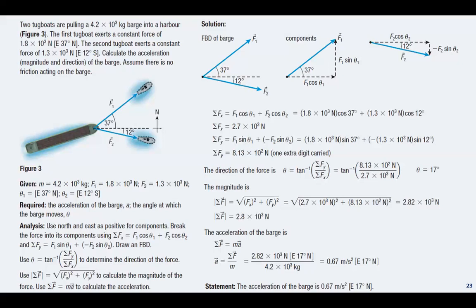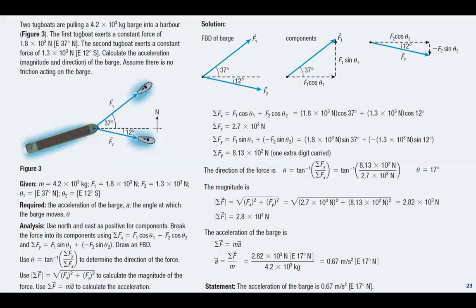So we can let theta 1 be 37 degrees north of east, and theta 2 be 12 degrees south of east. So we need to find the acceleration of the barge a and the angle theta at which the barge moves.